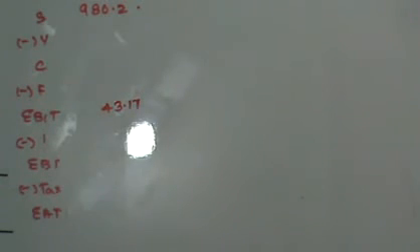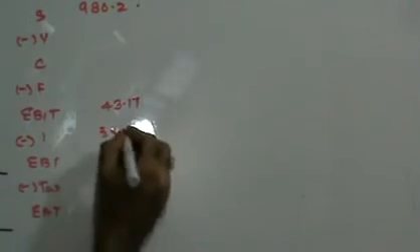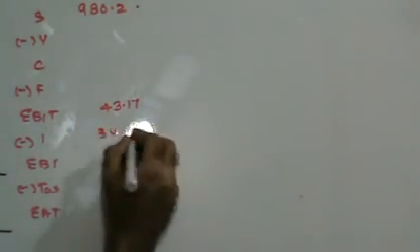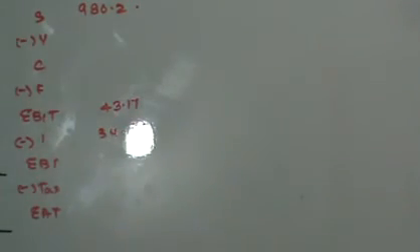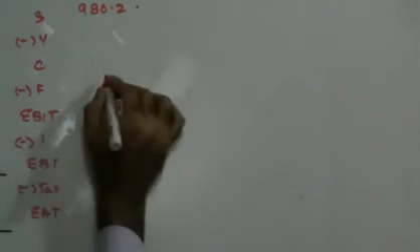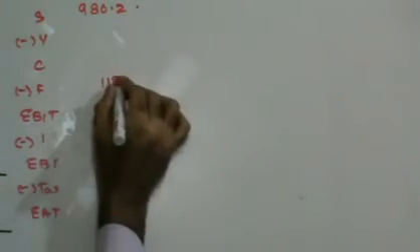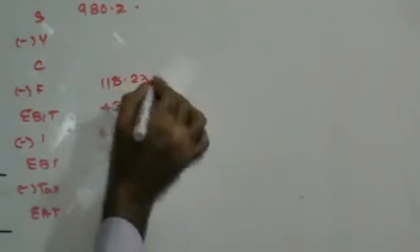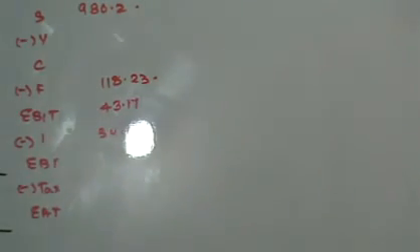Interest is given to you as 34.39. And fixed cost is given to you as 118.23. Right? Let's try to work this out, people.